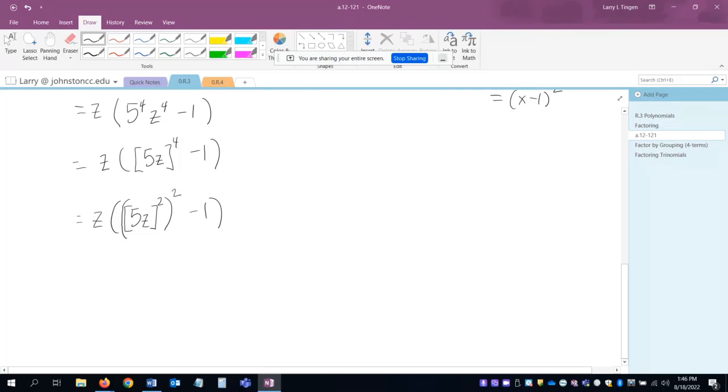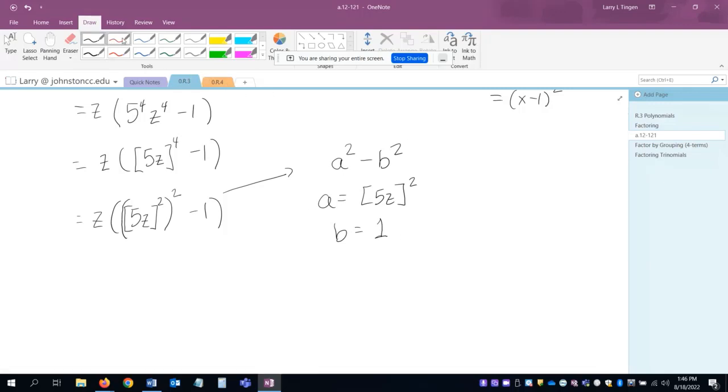All right, so the thing that is squared, because remember the goal of this is to look like this. Well, if I'm going to look like that, a must be 5z squared, and b must be 1.